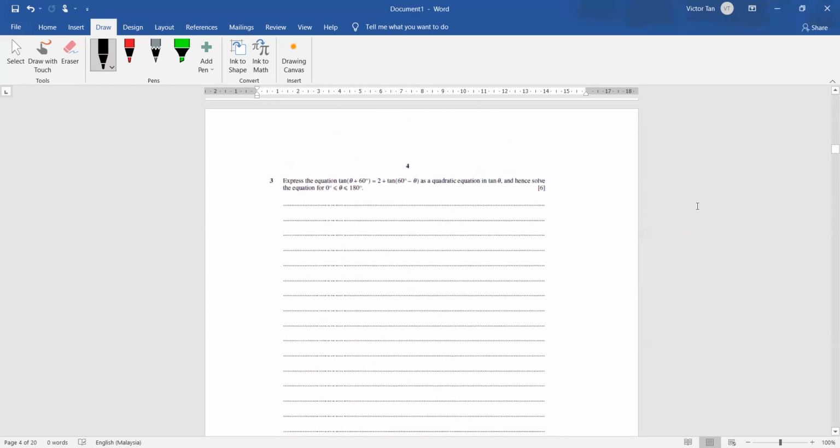Express the equation tangent of theta plus 60 equals 2 plus tangent of theta minus 60 as a quadratic equation in tangent theta, hence solve the equation.